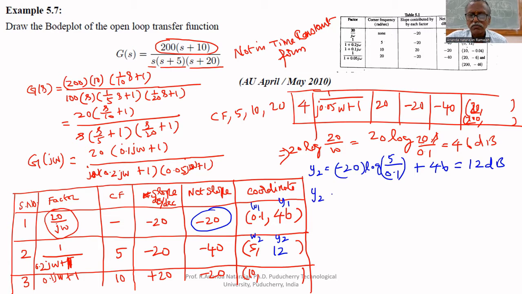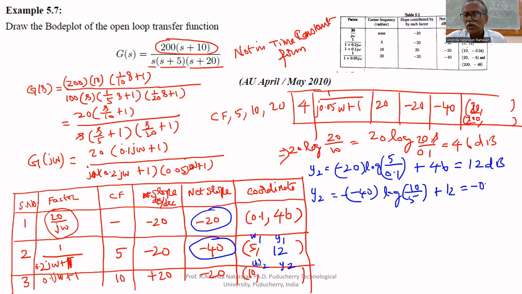Again, y2 equals, this is ω1, this is y1. We have to find y2. That is the previous slope minus 40 log of ω2 is 10 by 5, plus y1 is 12. That is equal to minus 0.04.